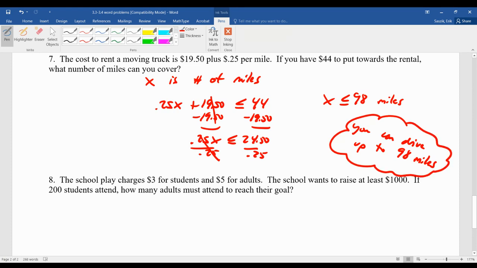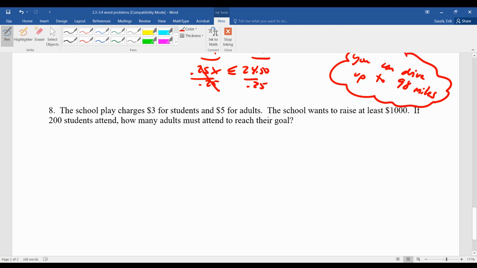Last one, I know I'm going kind of fast here, but remember, you can rewatch it. We know how many students attend. What we don't know is the number of adults. So 3, that's the charge for students, times 200, that's how much money we get from the students, plus 5 for adults, times how many adults go, x. They want to raise at least, so that's greater than or equal to 1,000.